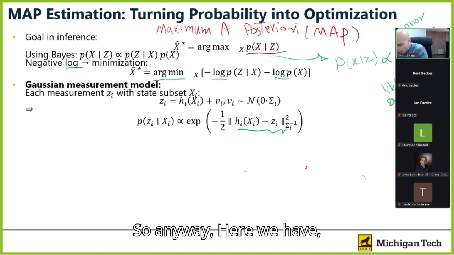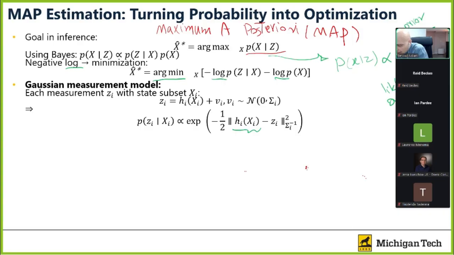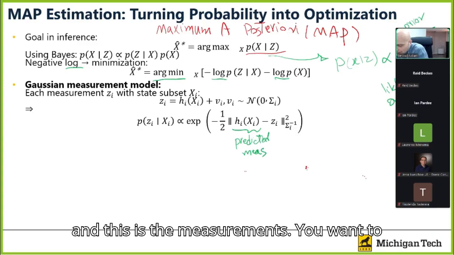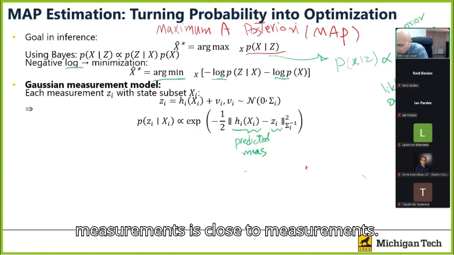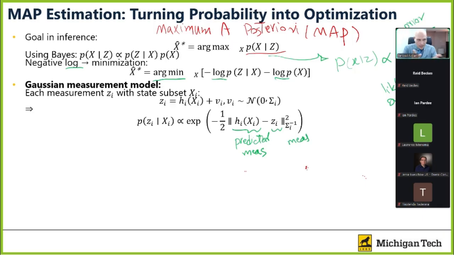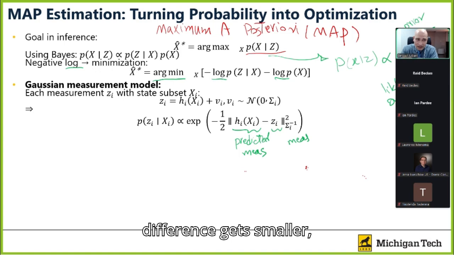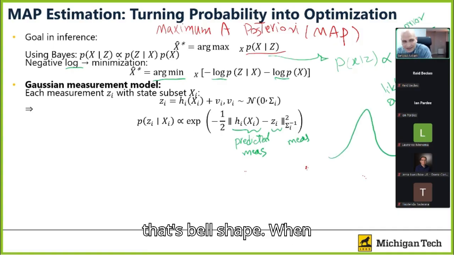Anyway, here you want to see how close your predicted measurements are to the measurements. How does the Gaussian work in that? In a Gaussian, when this difference gets smaller, the probability goes higher. That's the bell shape.